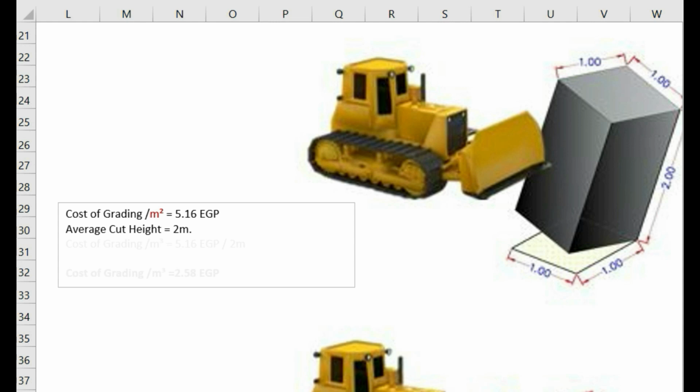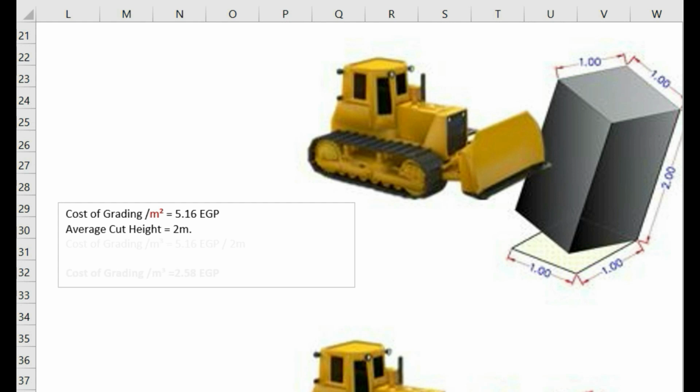But if we load the square meter grading cost on 2 meter cube height, the grading cost in cubic meter will be 5.16 over 2.